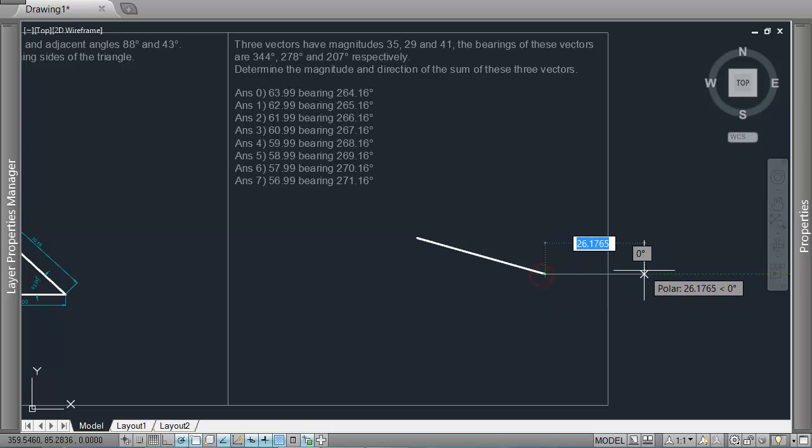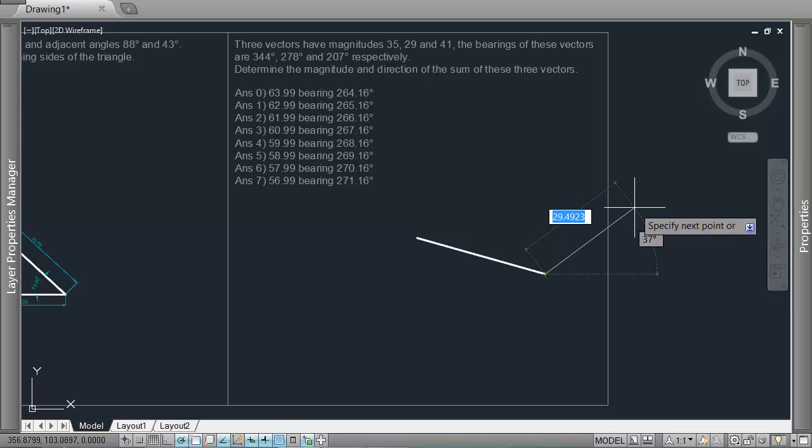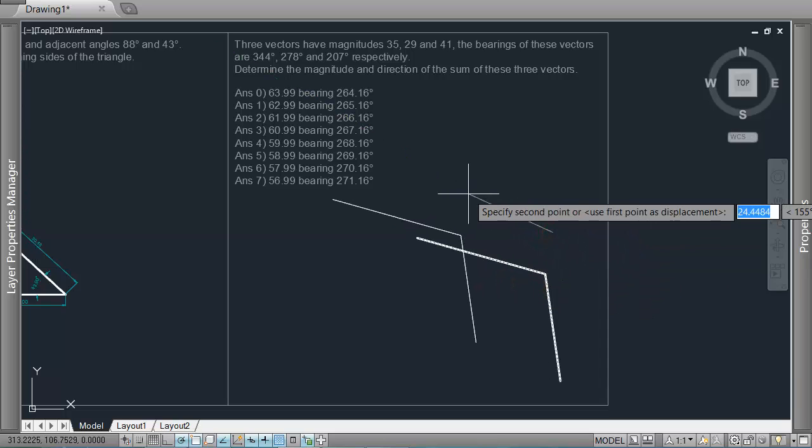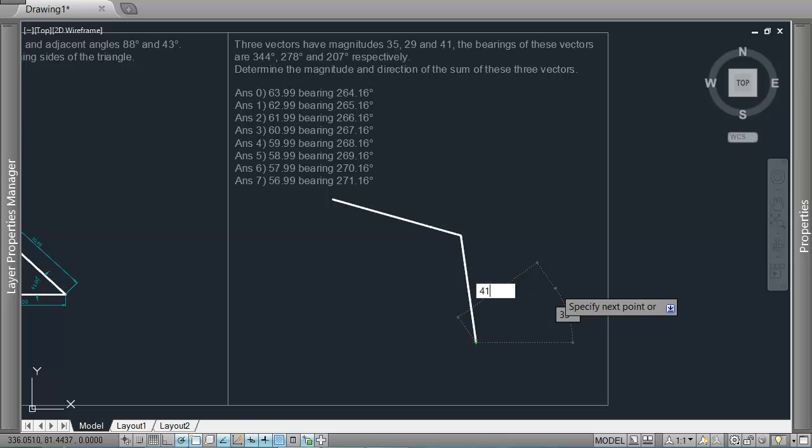But if you make sure that your cursor is above the starting point, when I specify a length of 29 at an angle of 278, my drawn vector is going to be in the right direction. The last one we have in this case is a length 41 vector at an angle of 207 degrees.